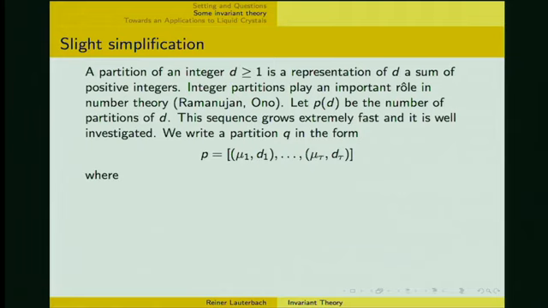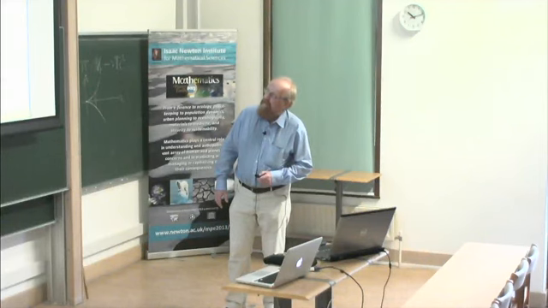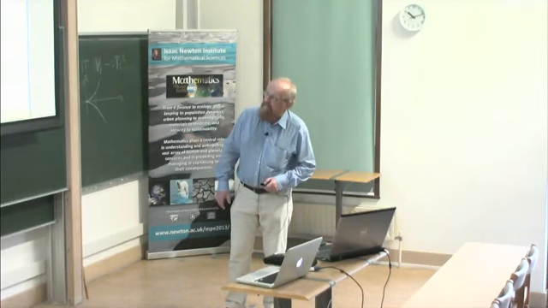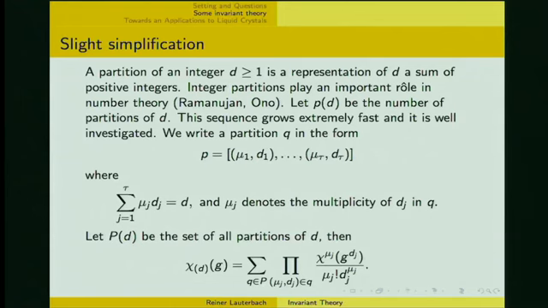If we take a partition, with summands d1, d2 and so on, and these are the multiplicities, then we get chi_d in this form, where you add over all the partitions and you look at this term depending on the numbers occurring in the partitions.